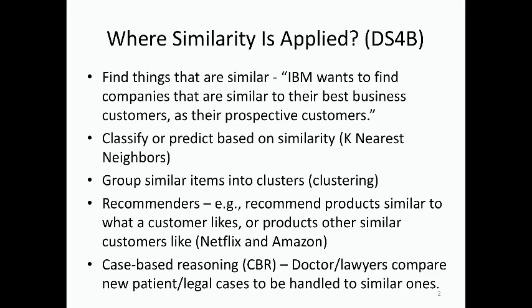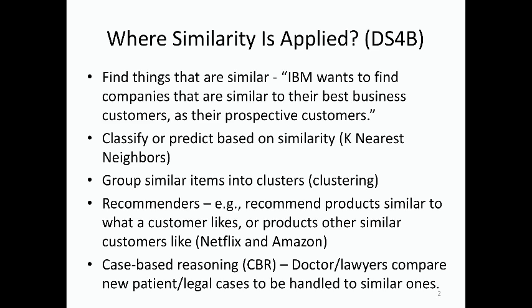Some examples are the following tasks. For example, once you can find what is similar, then we can make classification or numeric prediction estimation based on the classes or the target variable values of similar objects or similar customers.